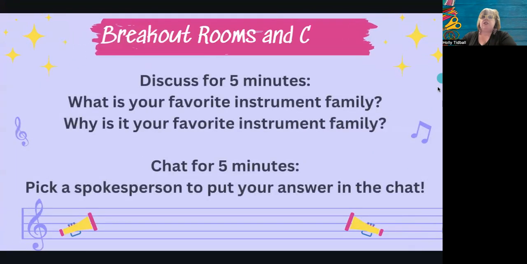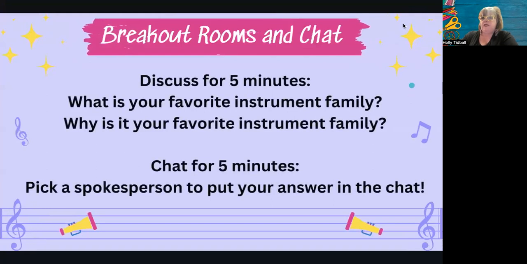The next thing we're going to do is have a moment of discussion, and we're going to break out into breakout rooms and let you discuss what is your favorite instrument family and why. You can pick from the 4: woodwind, brass, percussion, string. First, pick which one's your favorite and then tell us why.